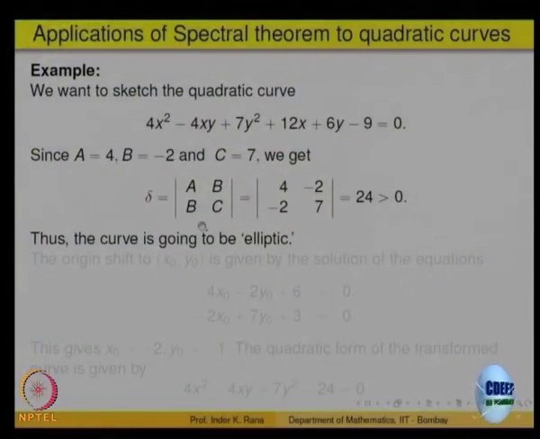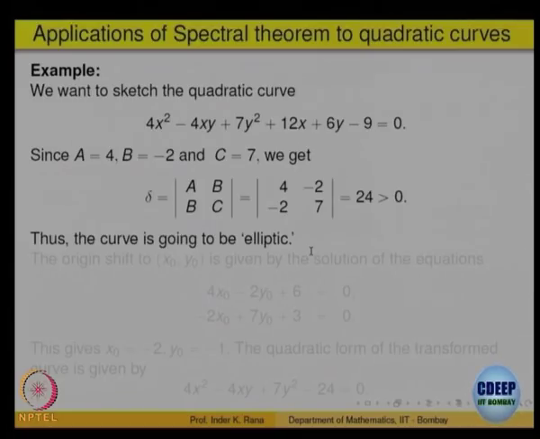For delta, A, B, C are not going to change when you shift, they stay as they are. So, you can find delta in the beginning itself is bigger than 0. So, it is going to be some kind of ellipse, by looking at A, B and C and at delta, which is the determinant of A, B, B, C.